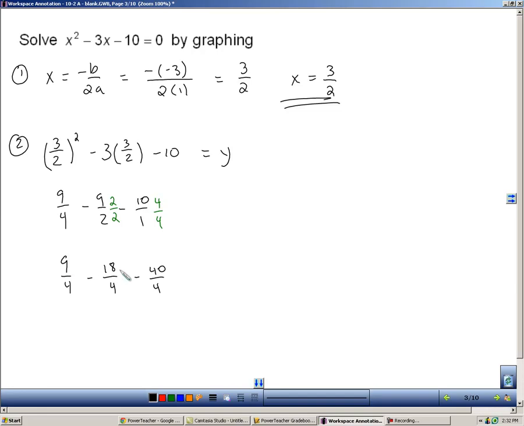Well, 9 minus 18 is -9. And -9 minus 40 is -49 over 4. And that's what y is. So we can say now that my vertex is 3/2, comma, -49 fourths. That's my vertex. Now -49 fourths is -12 and a fourth.